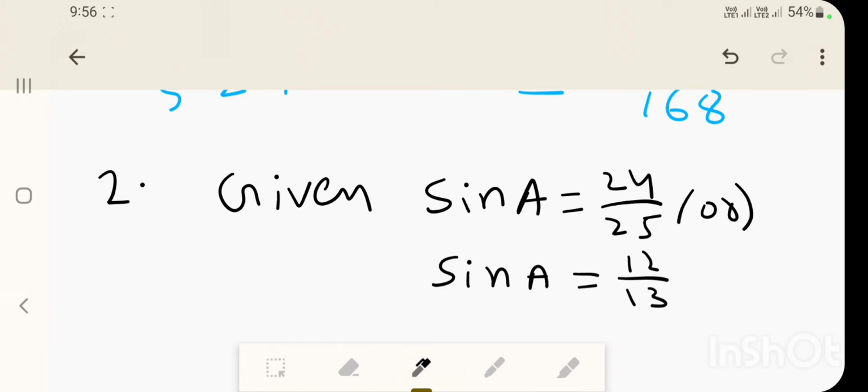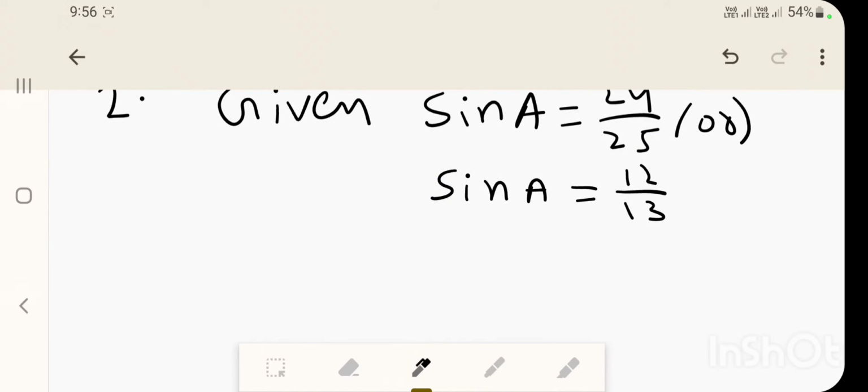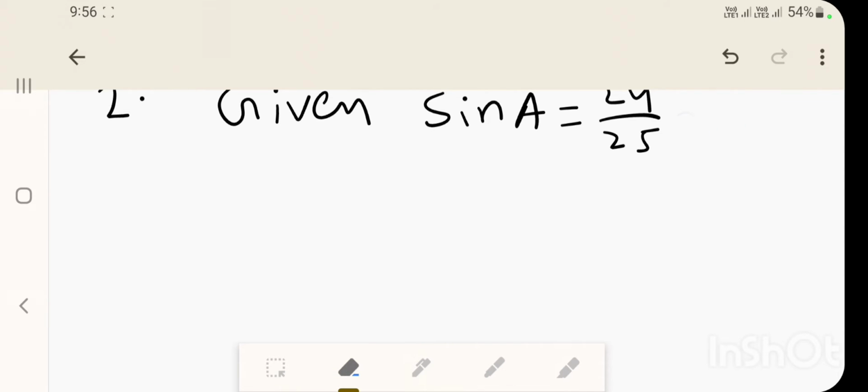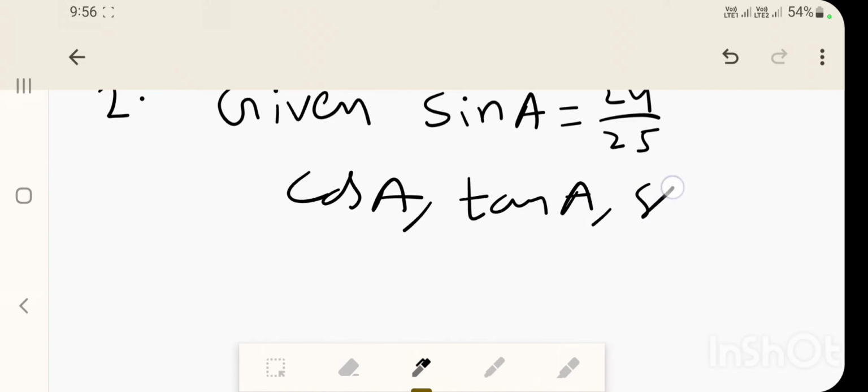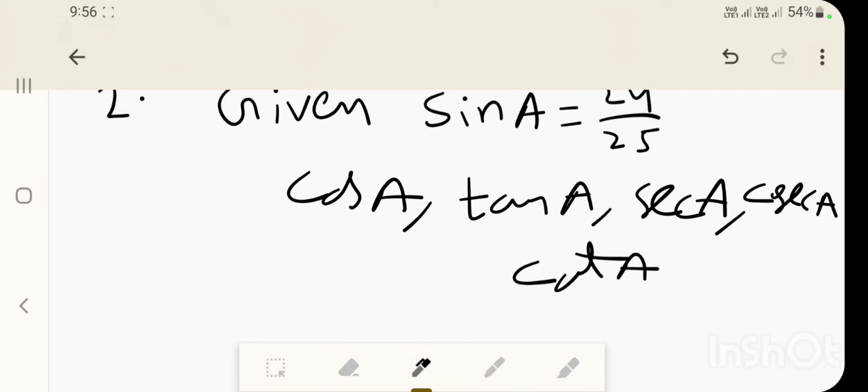They can give cos A is 12 by 13, and they can ask other ratios to find. Okay, so here any one we take. For now we are going to take sin A is 24 by 25, and they ask to find what is cos A, what is tan A, what is secant A, what is cosecant A, and what is cot A. All these are the ratios, right?